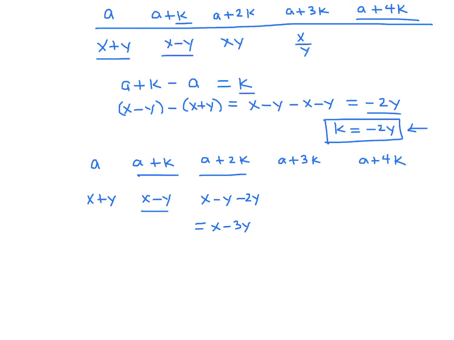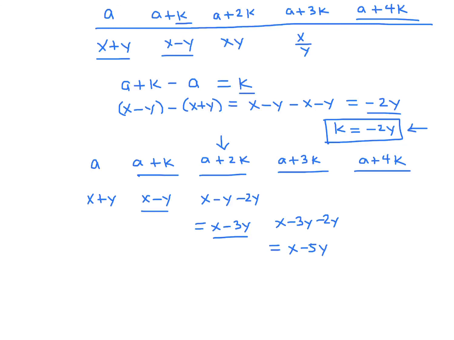Very similarly, to get a plus 3k, you're taking this guy and adding a k, and a k is basically minus 2y. So this becomes x minus 5y. And very similarly, to get that term, you take this term and you add k.